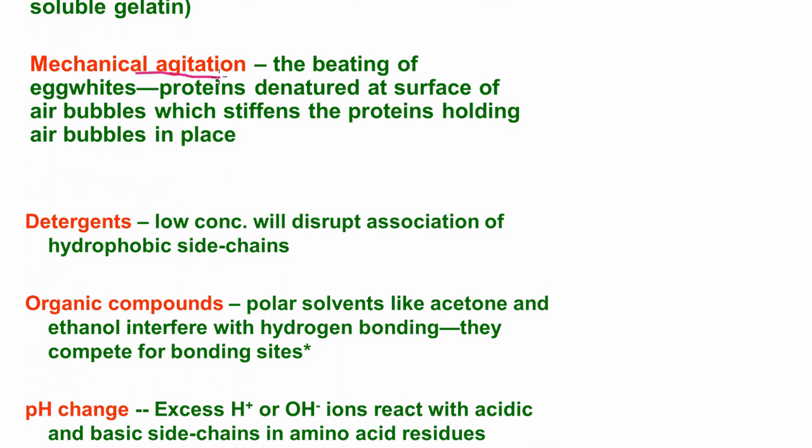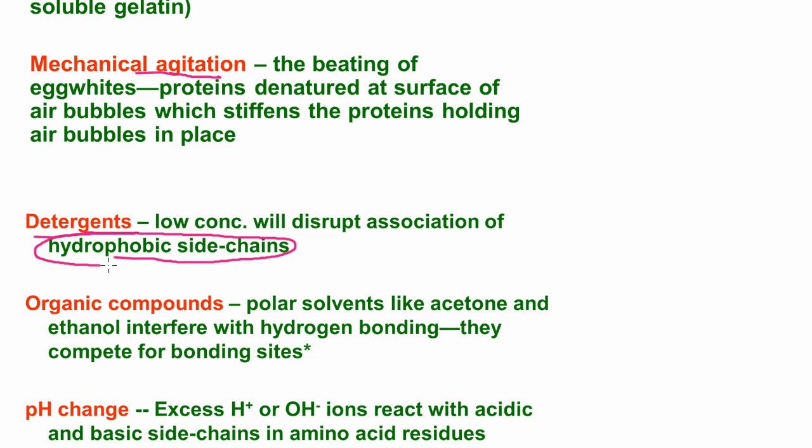Mechanical agitation or mixing. For example, when you beat egg whites, you're denaturing the proteins in the egg whites. Detergents and soaps can disrupt association of the hydrophobic side chains.